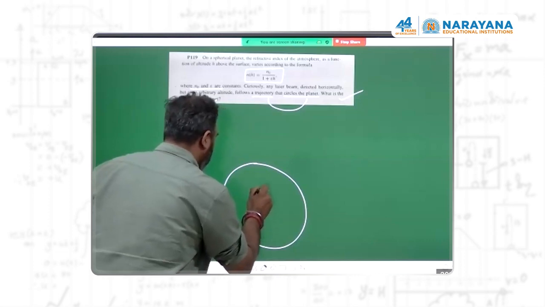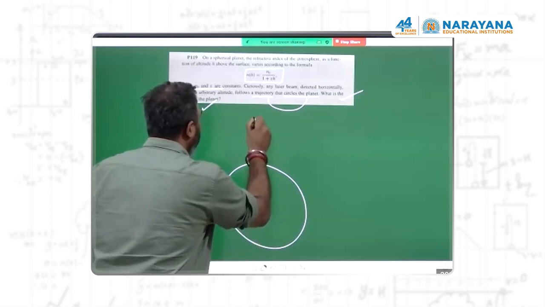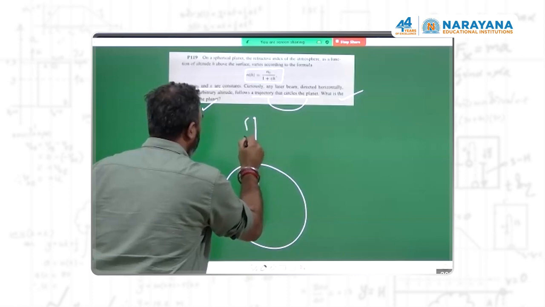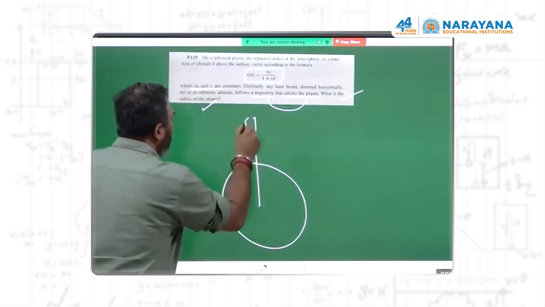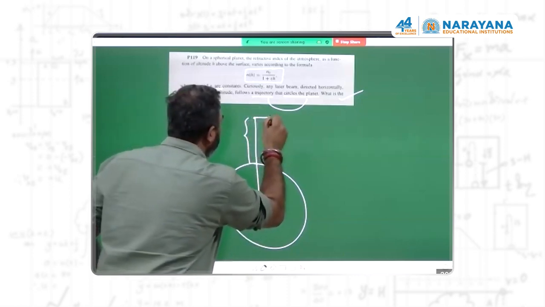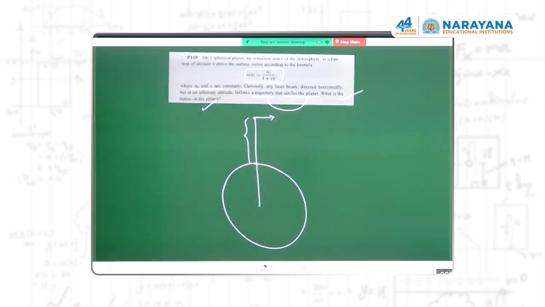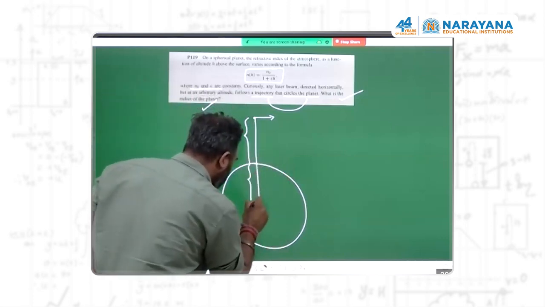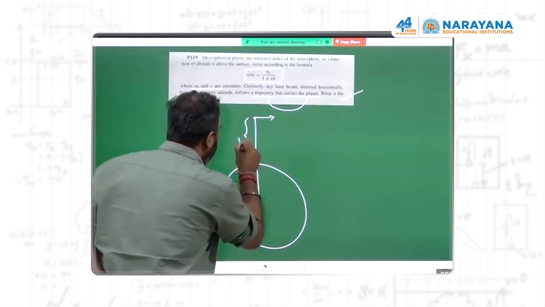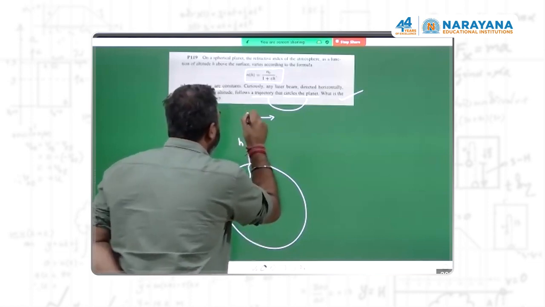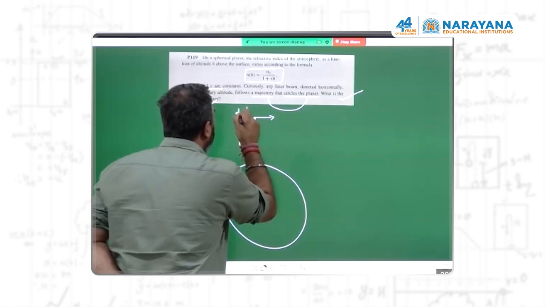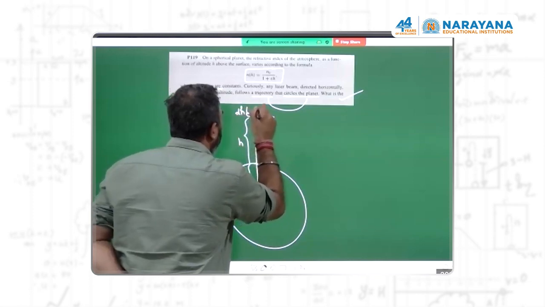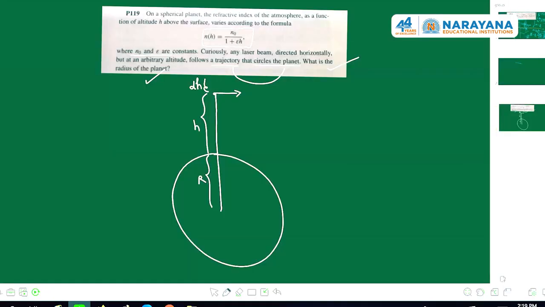I am talking about a position which is at some height, let's say h. Let's say this is the location where I'm discussing the beam. So what I'm trying to do now is analyze it. Let's say this radius is r, this is h, and let us try to analyze it for a small gap which is a dh, right? And basically I want to use Fermat principle.